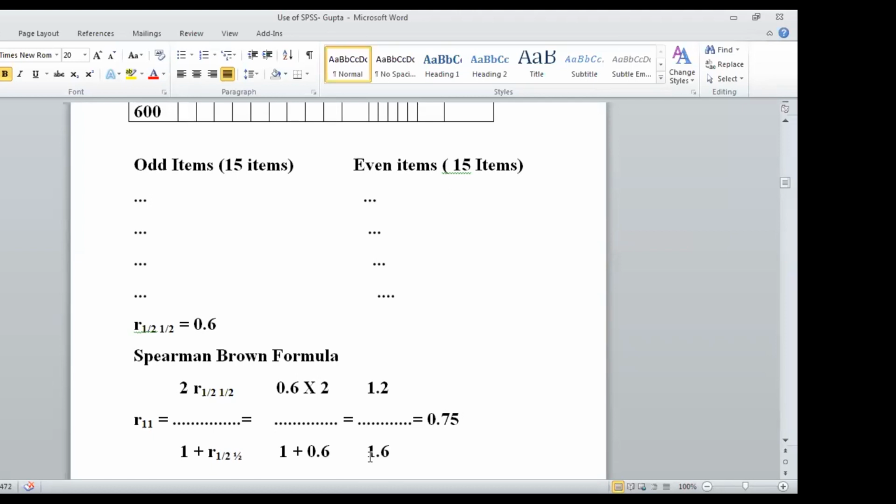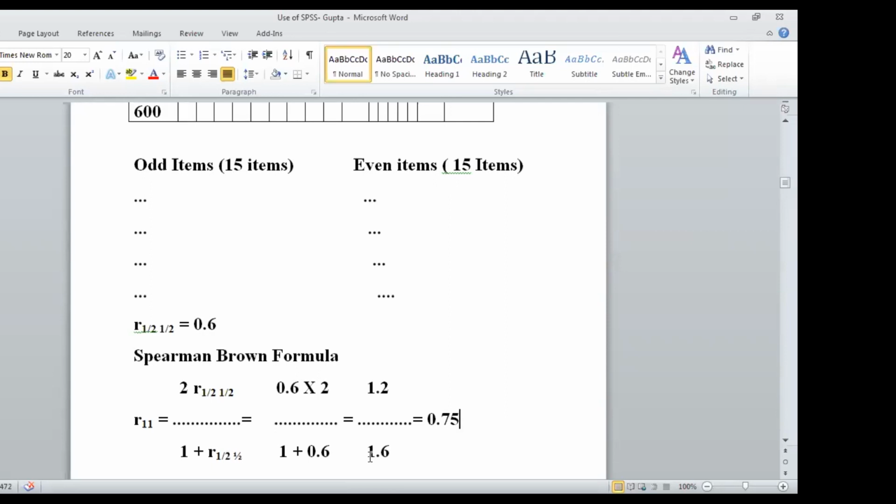Now, this particular method will be quite all right, provided you have an even number of items. Because if you do not have an even number of items, then when you split into 2 parts, in one part you will have more items and another part you will have fewer items.